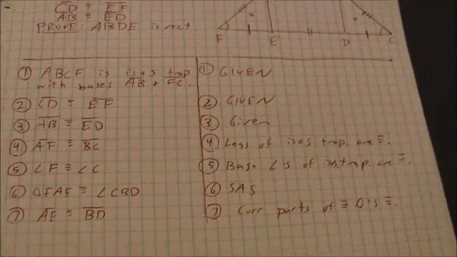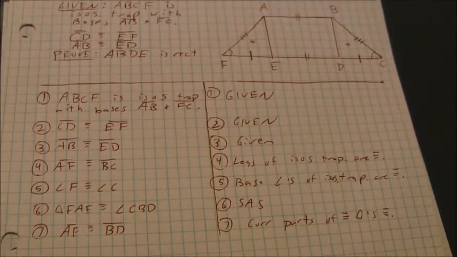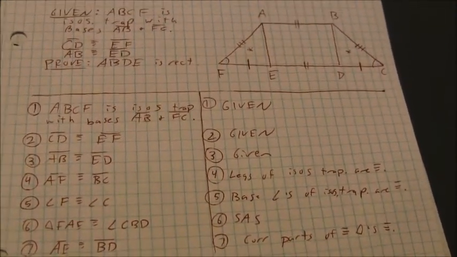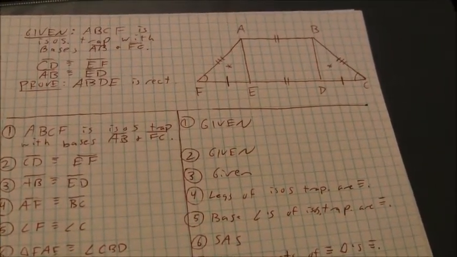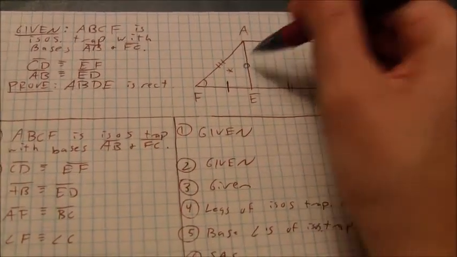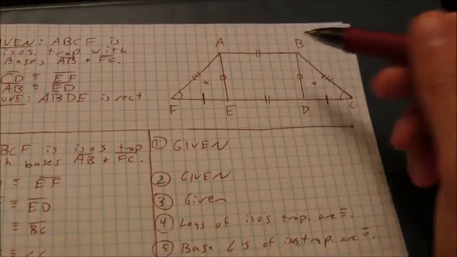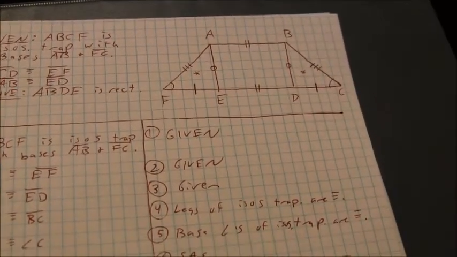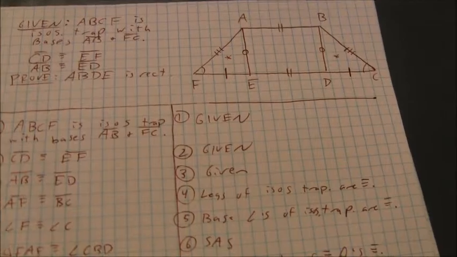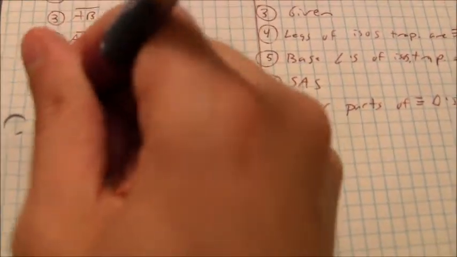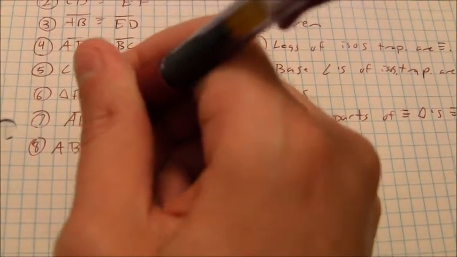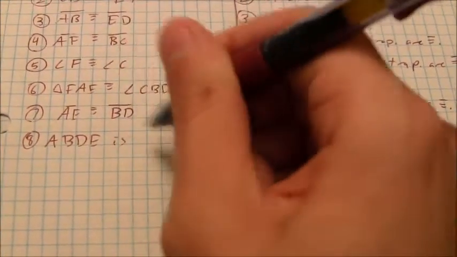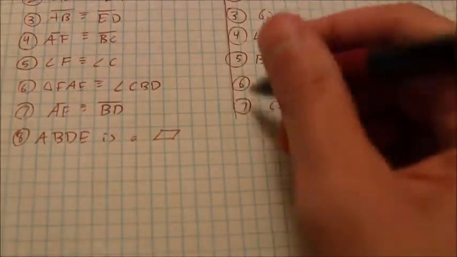Okay? Well, why is this so important? Main thing here is this. If I can show those outer triangles congruent, and then I can show their corresponding segments congruent, I've now shown that I have a quadrilateral with both pairs of opposite sides congruent, meaning that that central shape is a parallelogram. So, I'm going to state that ABDE is a parallelogram.